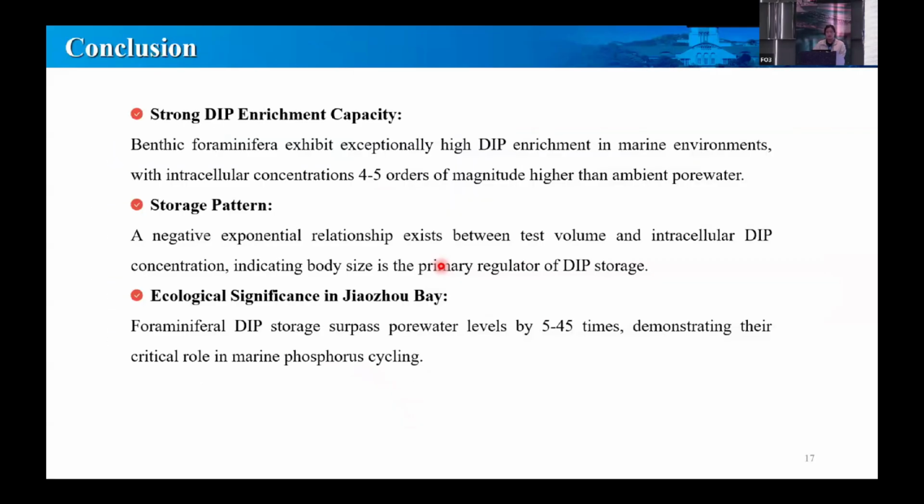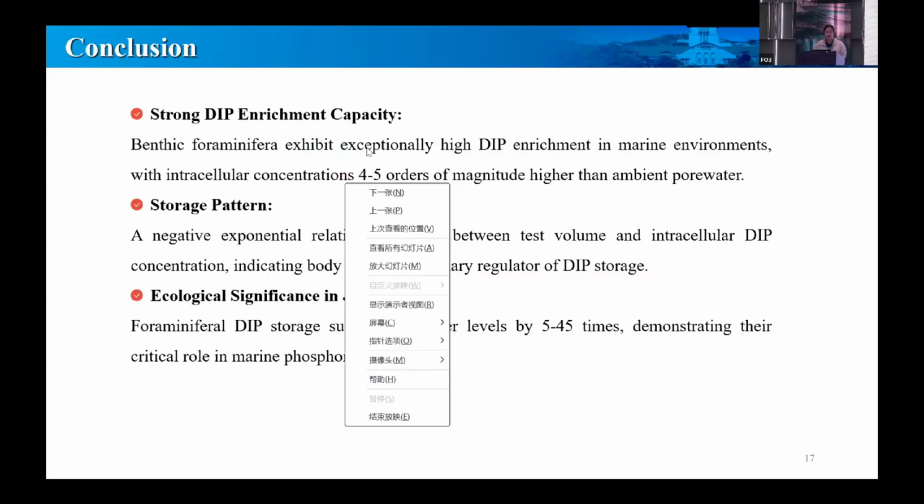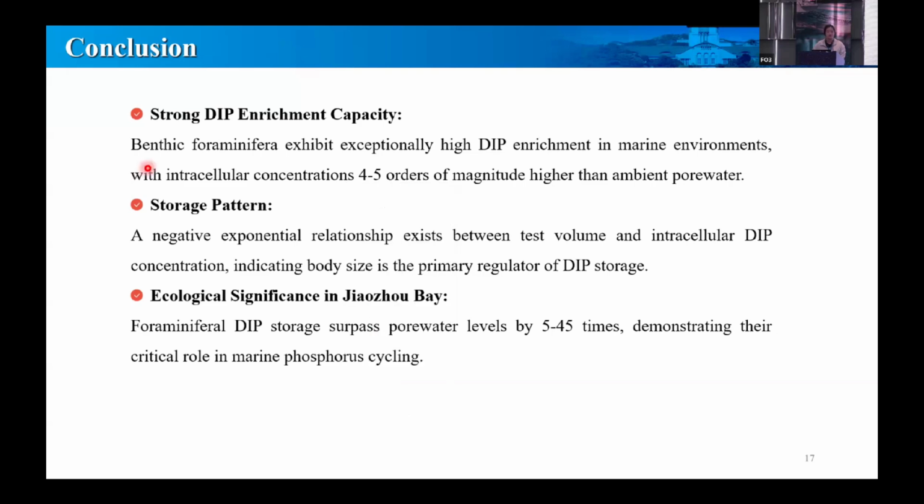So to sum up, foraminifera have a strong ability of DIP enrichment, and their storage pattern showed a negative exponential relationship between test volume and intracellular DIP concentration.